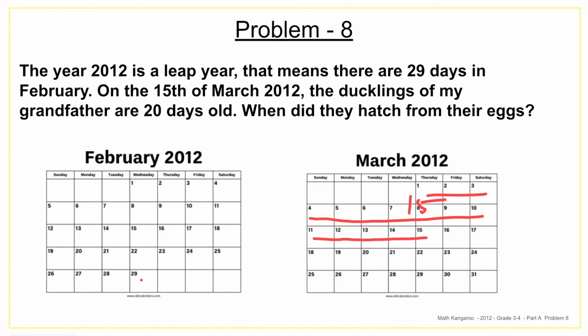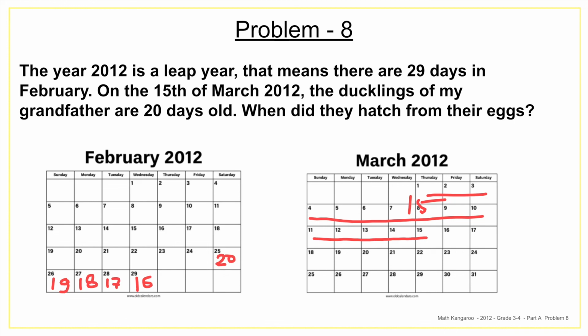This is a leap year, so we have February 29. That's our 16 days. February 28 is 17. February 27 is 18. February 26 is 19. February 25 is 20 days.